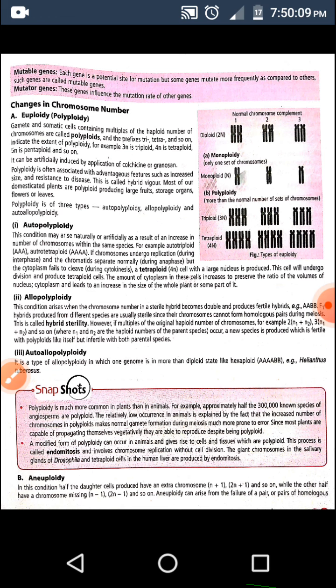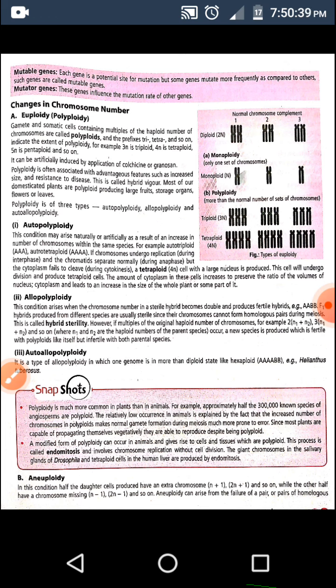In this condition, half the daughter cells produced have an extra chromosome like n plus 1 or 2n plus 1 and so on, while the other half have a chromosome missing, n minus 1 or 2n minus 1. So aneuploidy is a loss or gain of one or more chromosome from a set of chromosome.